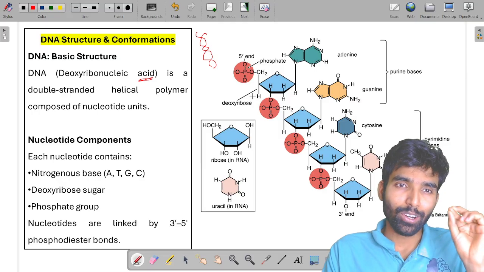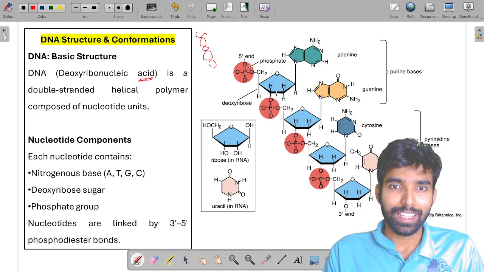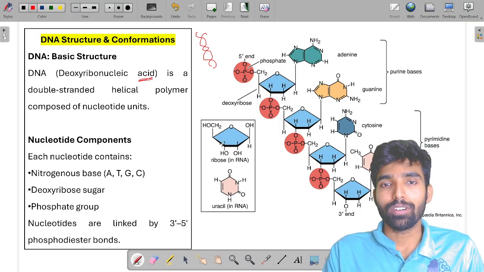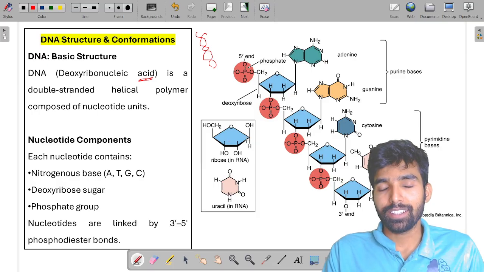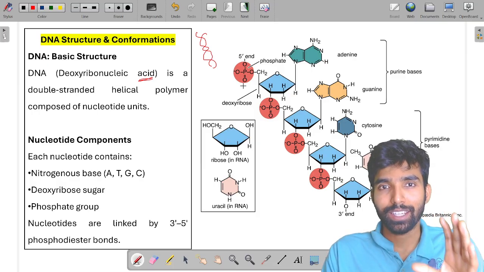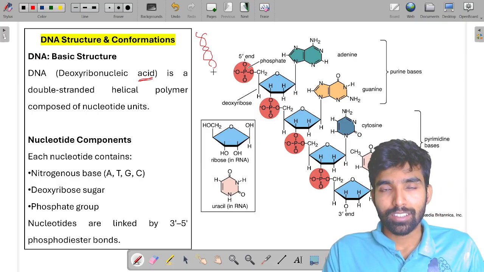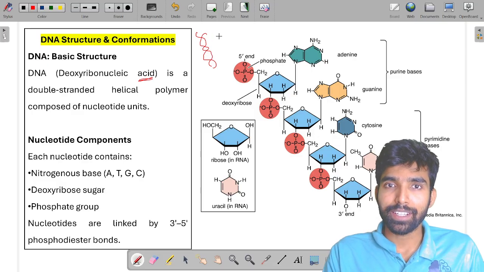Then why deoxy? That we will also see. See here in case of RNA, the structural unit. Let's say this is the double helical structure, and this is made up entirely of a sugar and phosphate backbone. So this sugar in case of RNA is the ribose sugar.